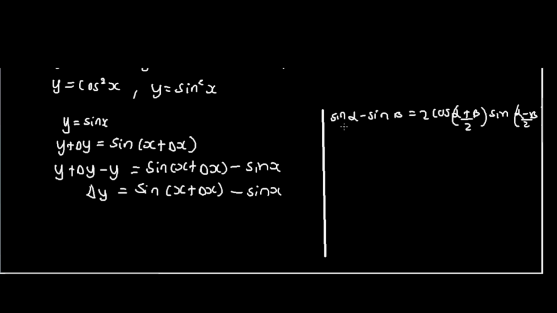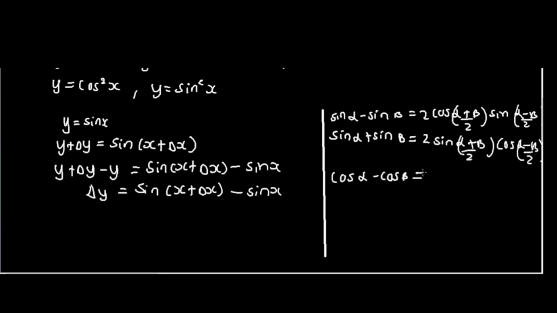Other formats of factor formulae: we have sin alpha plus sin beta, which gives us 2 sin of (alpha plus beta) divided by 2, then cos of (alpha minus beta) divided by 2. We also have cos alpha minus cos beta equal to negative 2 sin of (alpha plus beta) divided by 2, sin of (alpha minus beta) divided by 2, like that.